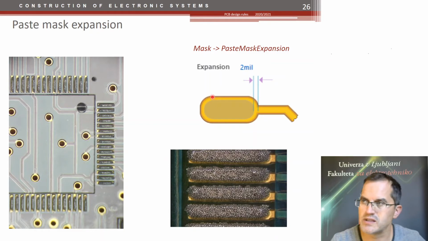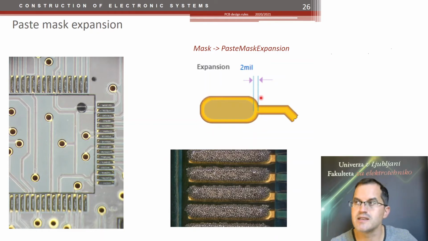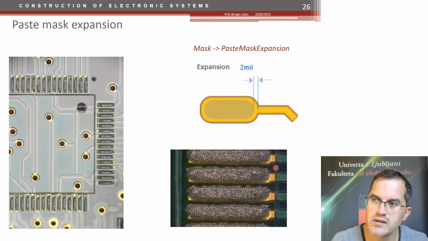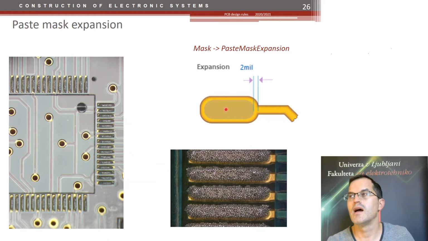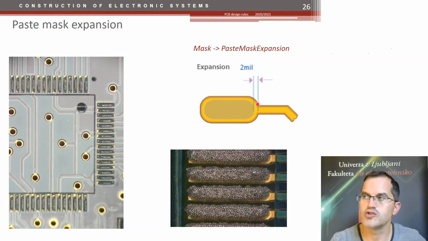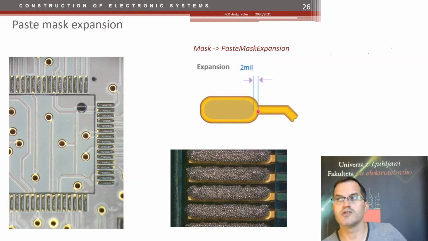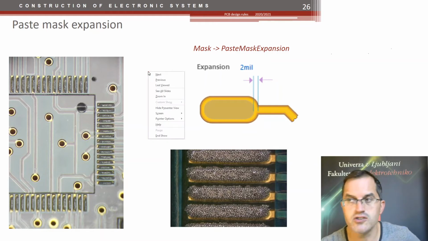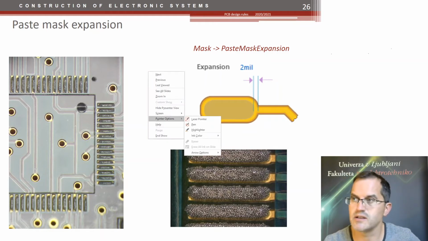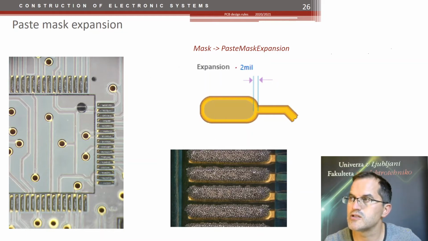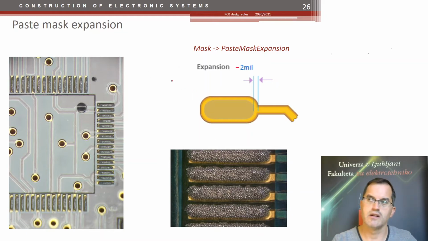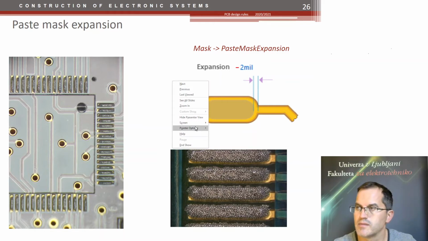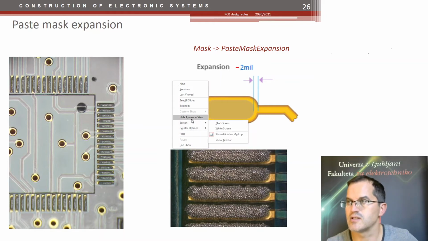So the opening should be decreased with respect to the pads, and this then assures that the paste does not spread around too much. And this expansion here should be negative, so put -2 mils. This is, I think, changed in some versions of Altium Designer. So now in the latest version you should put -2 mils here in order to make the contraction, not the expansion.